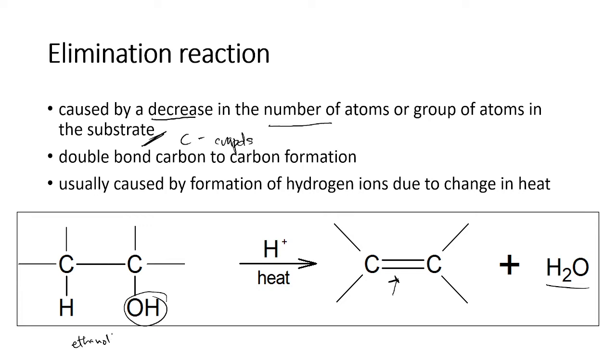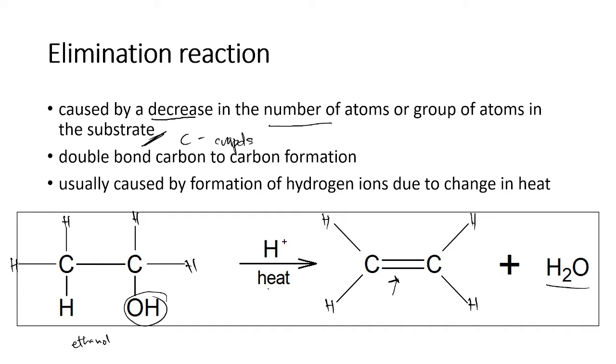Ethanol. So for ethanol, ethanol is just a two carbon compound with one alcohol functional group. So meaning to say we have here this hydrogen, and if we introduce heat to our ethanol, we will form what we call the ethene. So we have here four hydrogen. So that we have here one, two, three, four hydrogen atoms.